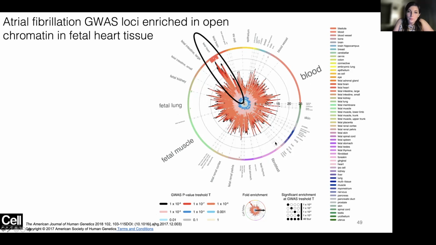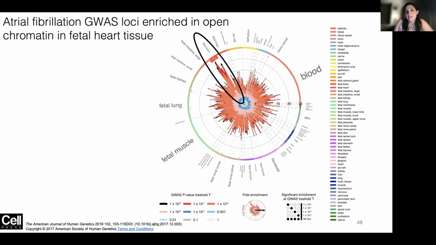And so the most significant loci are in the fetal heart. And the size of the word, I think it has to do more with the number of samples. So your eye goes to these other tissue types, but this was the area that was called significant. So the atrial fibrillation loci were enriched in areas of active chromatin in fetal heart tissue.